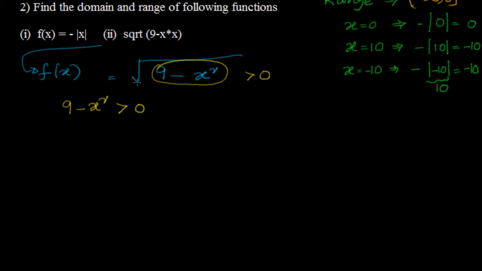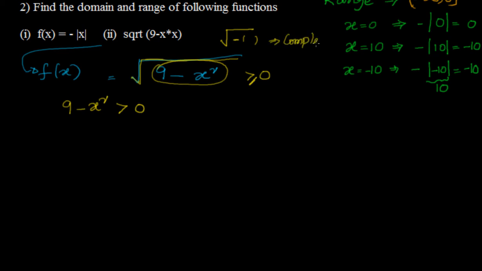Why? Because if this is greater than 0, then I can have the square root of a positive value. But if 9 minus x square is less than 0, what happens? You will have a negative value, and you will have the square root of minus some value, which is nothing but a complex number.